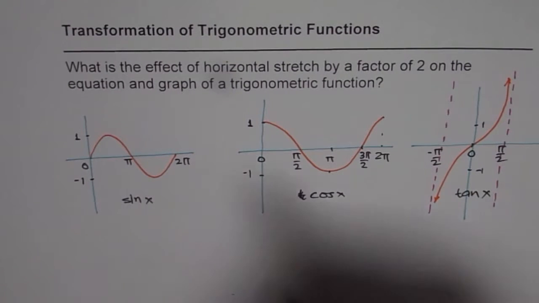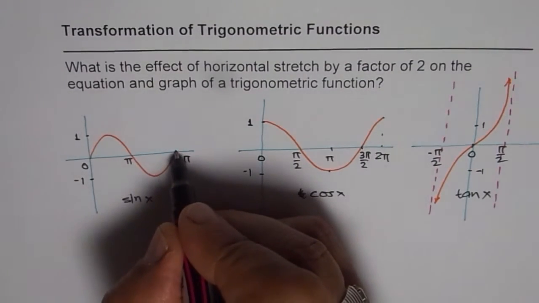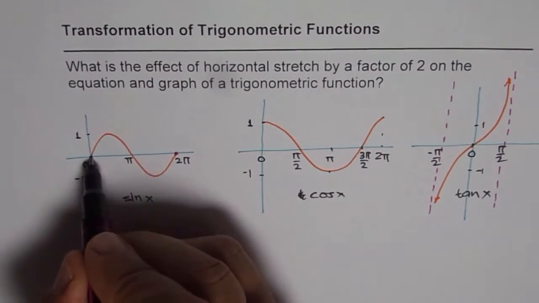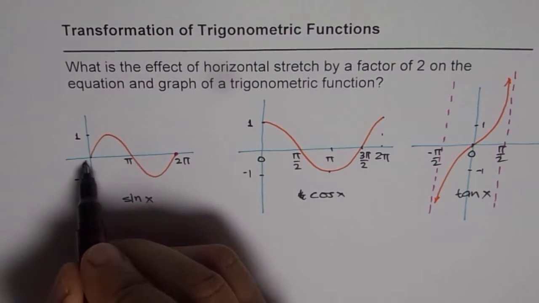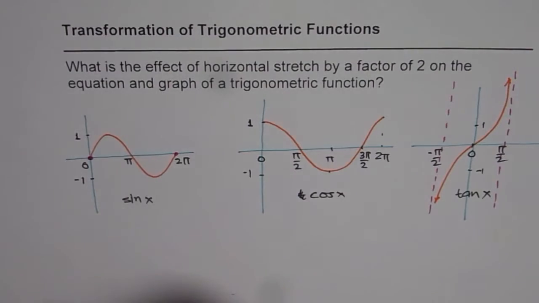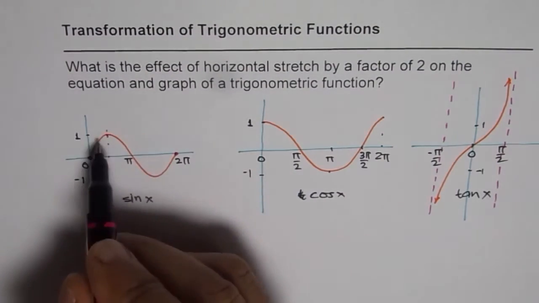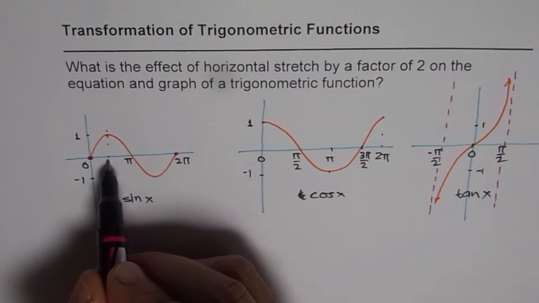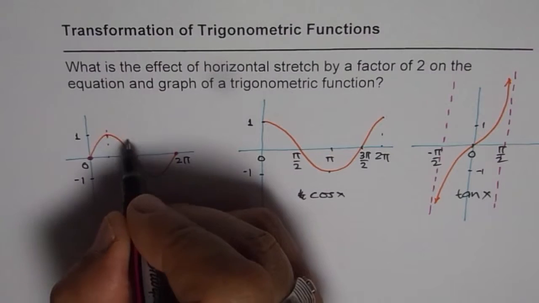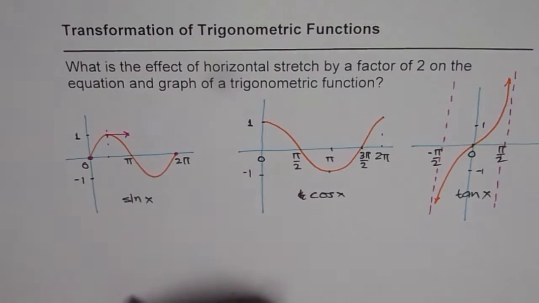Now when I say horizontally stretched by a factor of 2, it really means that every point gets multiplied by 2 horizontally. So 0, when you multiply by 2, it remains here itself. Do you see that? But if this point, if I multiply this by 2, it is at pi by 2 now, correct? So pi by 2 times 2 will bring it here. So this point gets stretched and it comes at this position, correct?